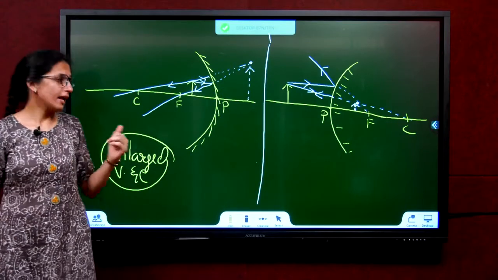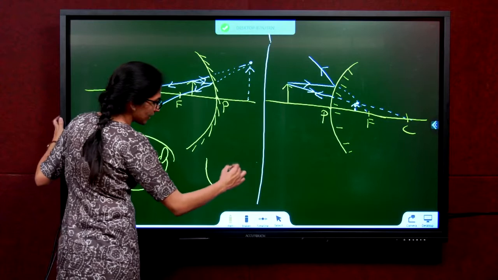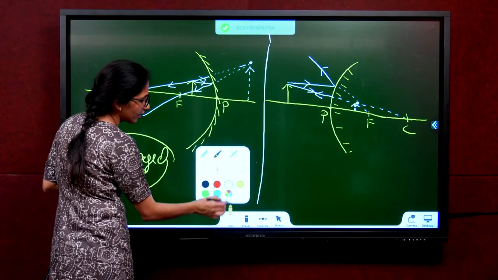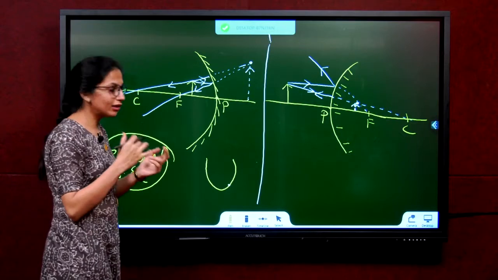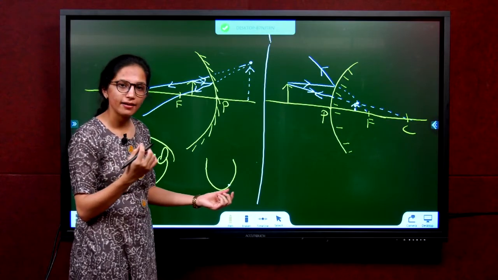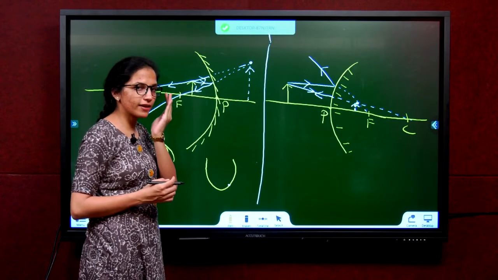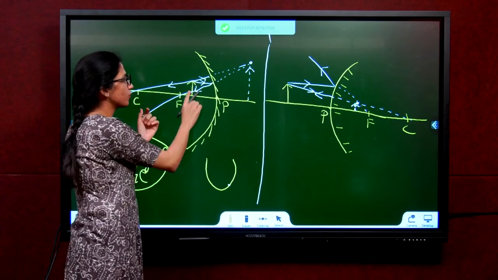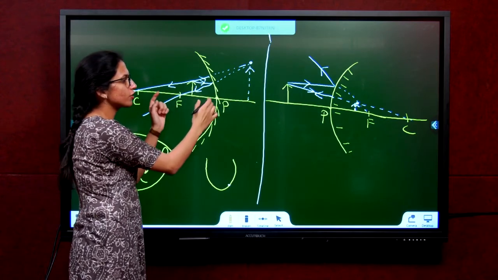Point number 2, it is also used as shaving mirrors. Why? On the face, you will have your hair is small. With your naked eye, you may not be able to see the hair. So when you take a concave mirror and you go close to your face, you are keeping your hair between P and F. When you are keeping your hair between P and F, what do you see in the mirror?